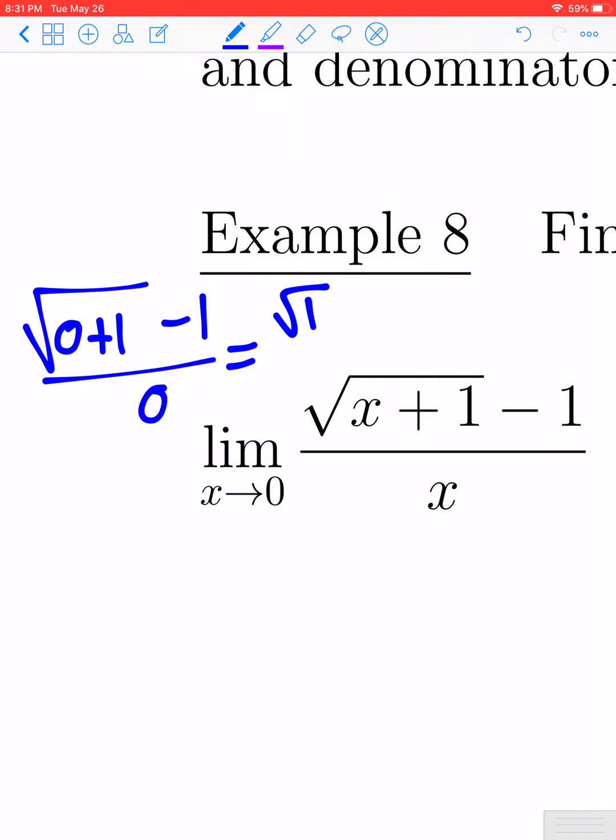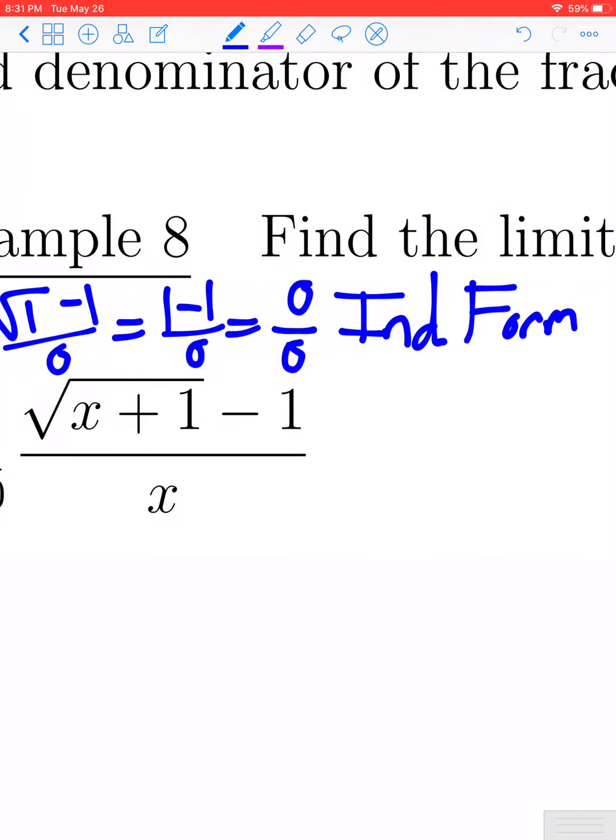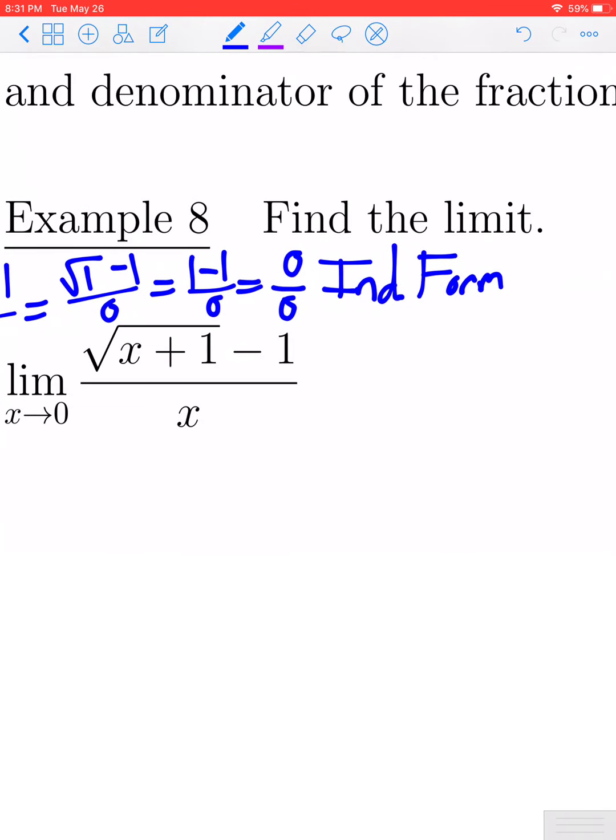This would be the square root of 1 minus 1 over 0, which is 1 minus 1 over 0, which yet again produces 0 over 0, that indeterminate form. So direct substitution does not give us the limit or tell us if a limit even exists in the first place.